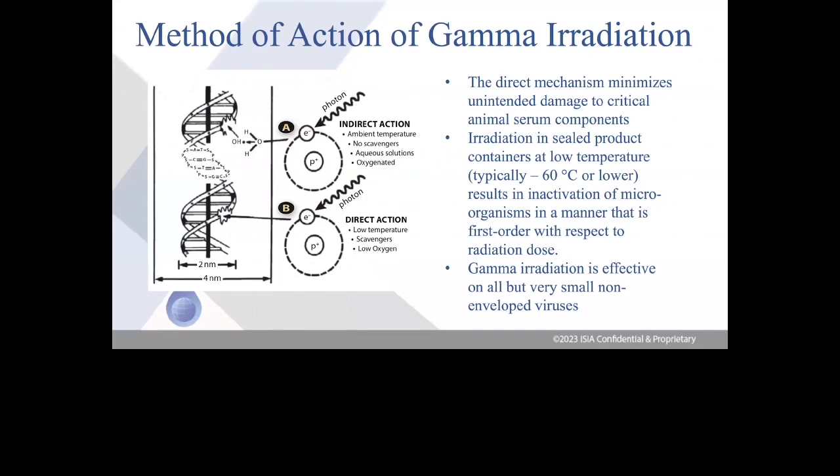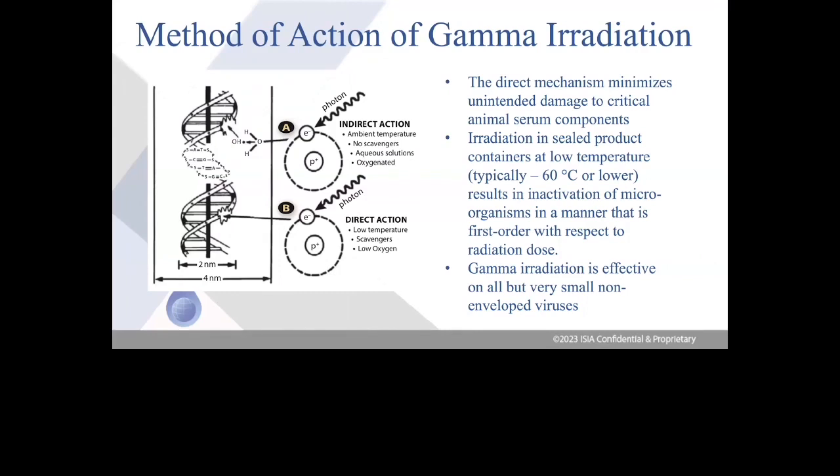So the preferable method of choice for gamma irradiation of serum is the direct mechanism, as it minimizes the unintended damage to critical components and leaves the serum appropriate for use in cell culture. Irradiation is performed in sealed product containers at extremely low temperatures.